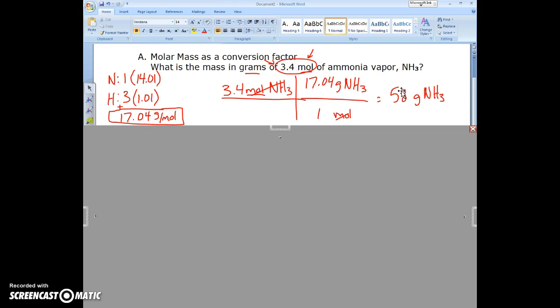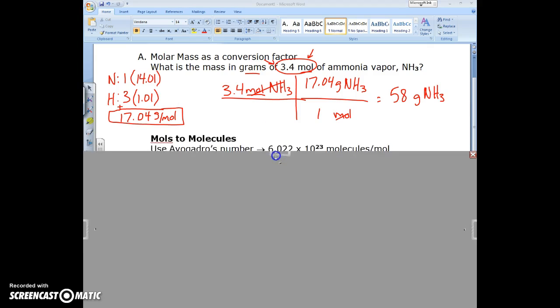Okay, so again, molar mass is used to go from grams to moles or moles to grams. What if we have molecules and are going from moles to molecules? Well, we're going to get Avogadro involved again. So Avogadro's number, it's there again, 6.022 times 10 to the 23rd molecules per mole. Now, the last time we saw it as atoms per mole.